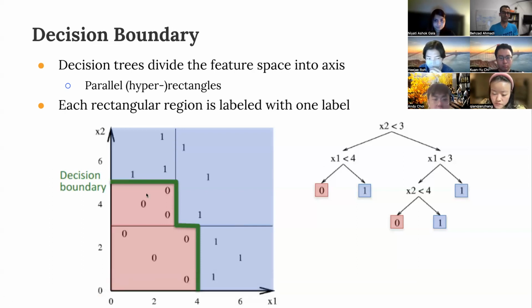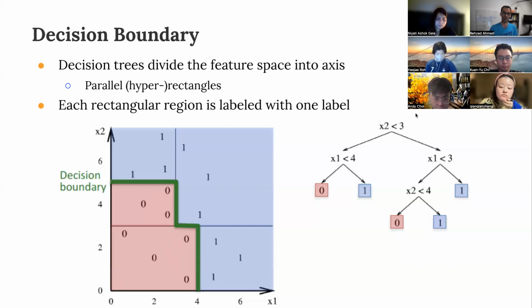And then if x2 is smaller than 3 and x1 is smaller than 4, you're here. It's all zeros.